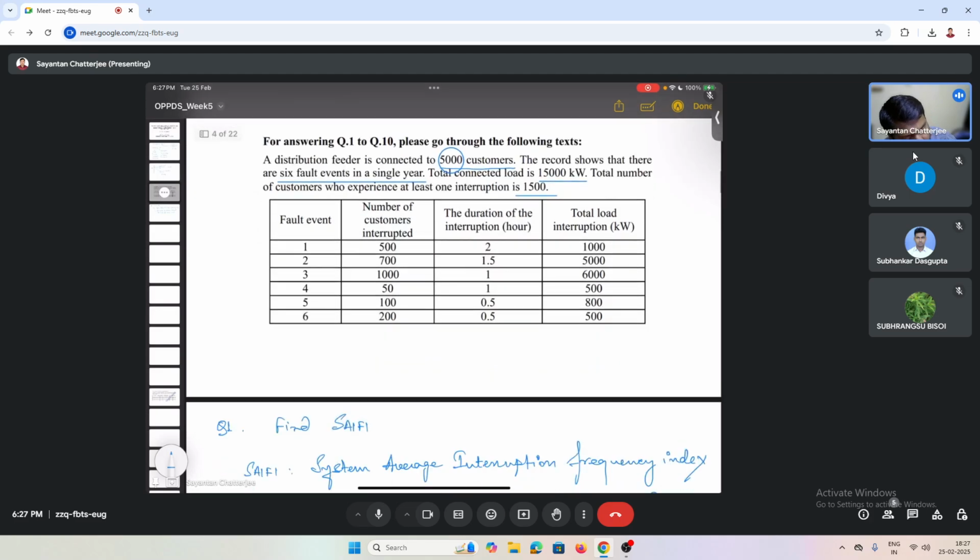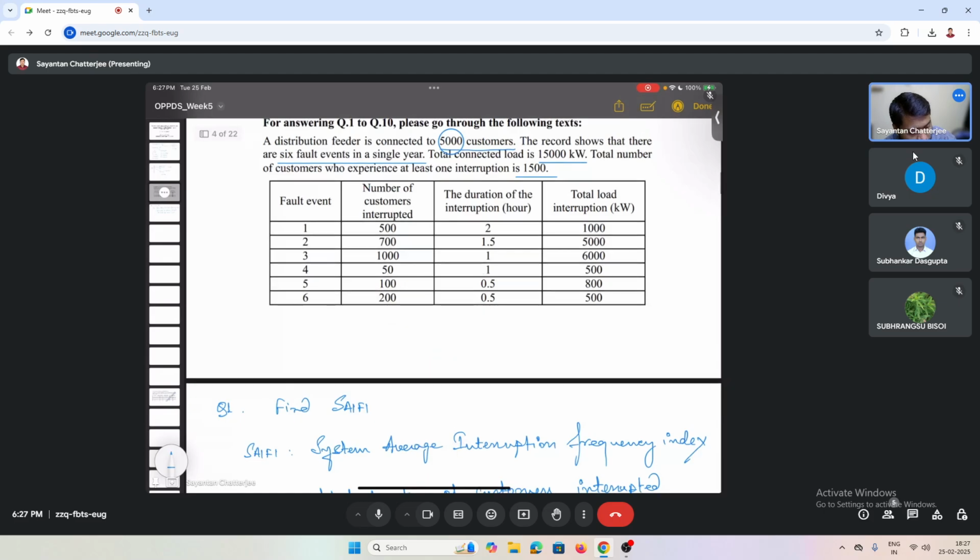And the number of customers interrupted, as we can observe here, 500, then 700, and so on. The total is coming to 2550.